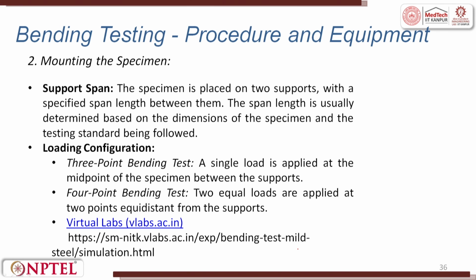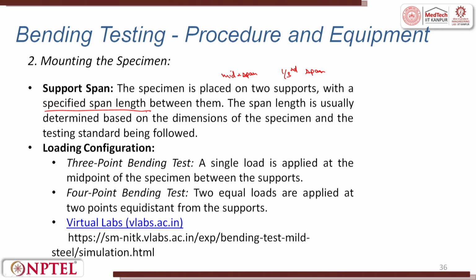Mounting the specimen, there is a support span. It could be mid span or it could be 1/3 span when I am talking about the 3-point bending test. Specimen is placed on two supports with a specified span length between them.